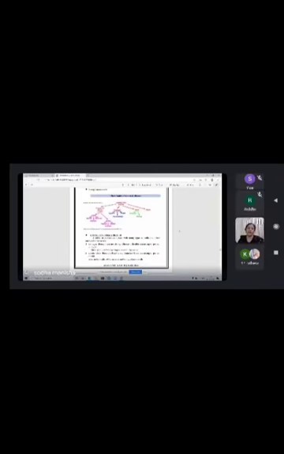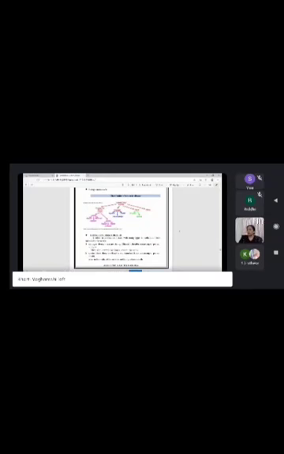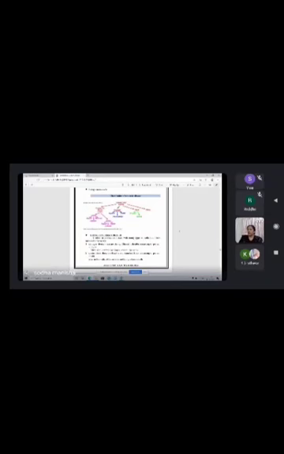This shows the classification of connective tissues: areolar connective tissue, fibrous connective tissues, adipose tissue, lymphoid tissues, reticular tissues, and cartilage.